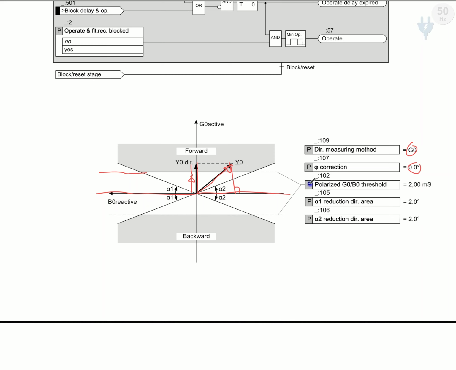It is programmable. We can define it, we can increase it, we can decrease it. And this is just the tilt angle. Alpha 1 and alpha 2 are the tilt angles for reducing the direction area.